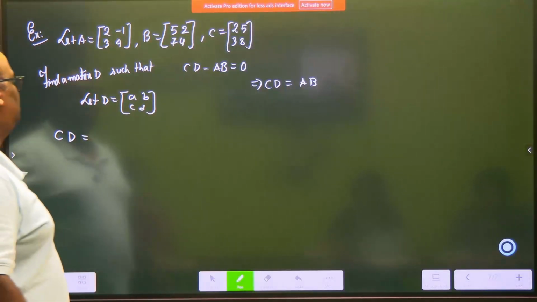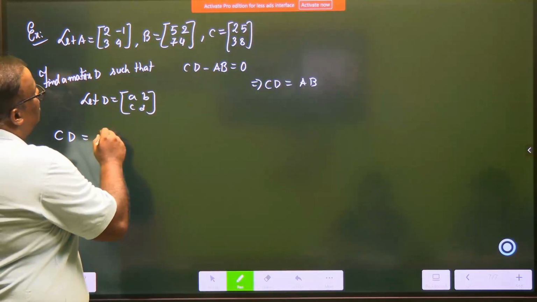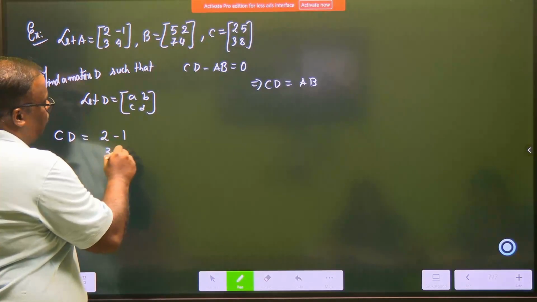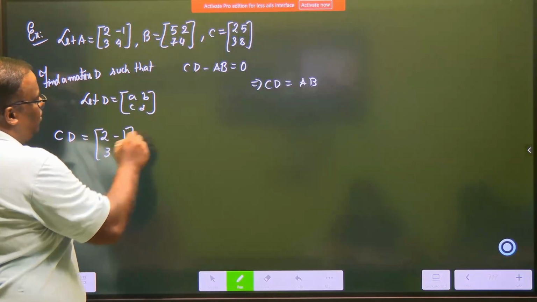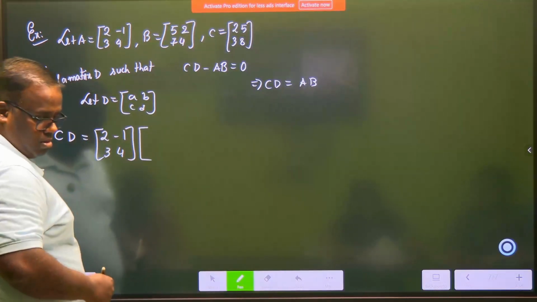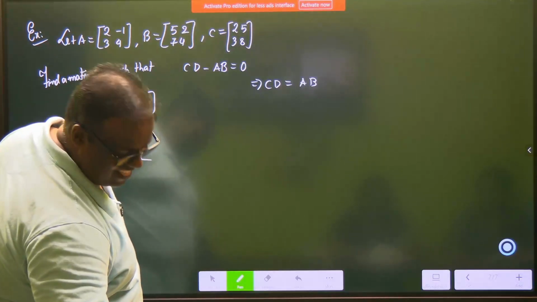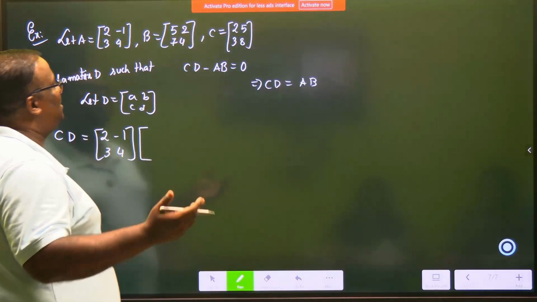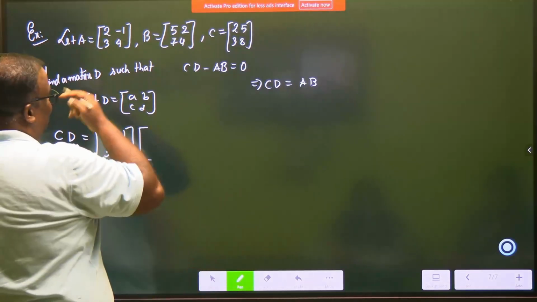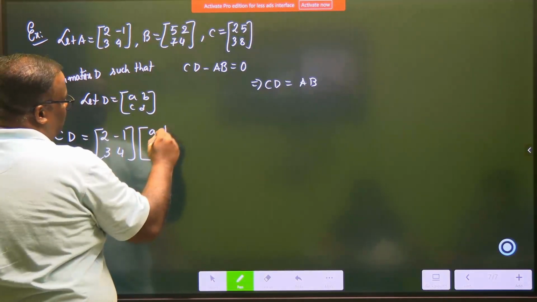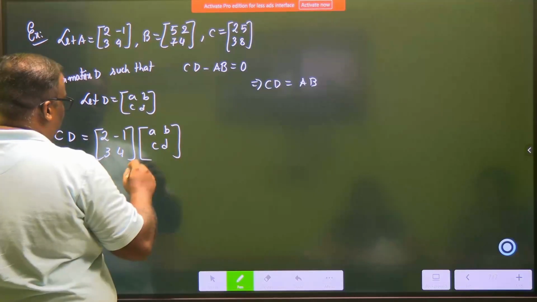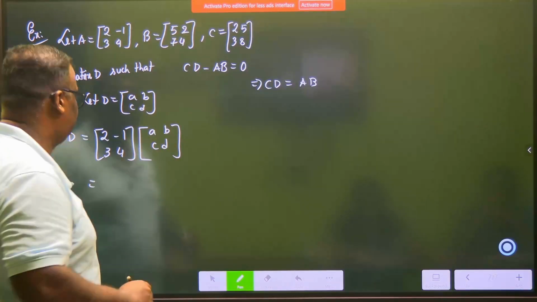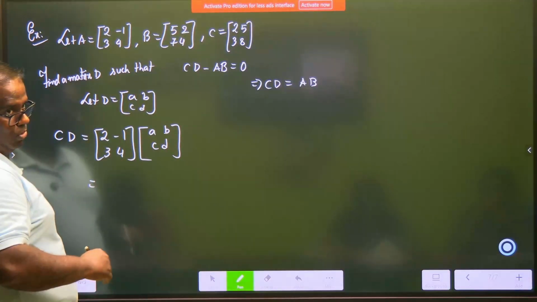Let's do CD. CD is 2 minus 1, 3, 4. Okay. C into D. D is what? AB, CD. How do we multiply? Neha, row into column into row.